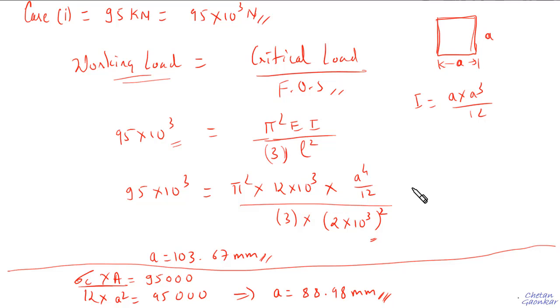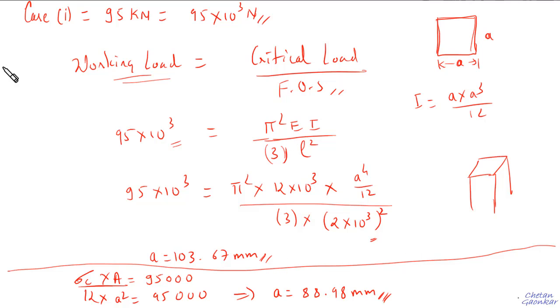The dimension comes out to be 88.98, but can we construct our column, square column of dimension of side 88 mm? No, right? Because if we construct our column of this dimension, it will definitely fail under the bending load or under the crippling load, because there it demands the dimension of 103.67 mm.